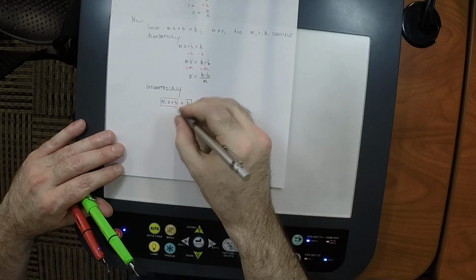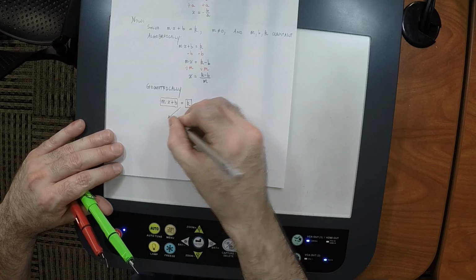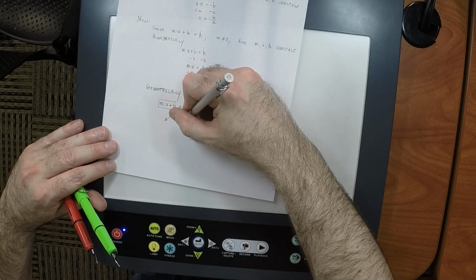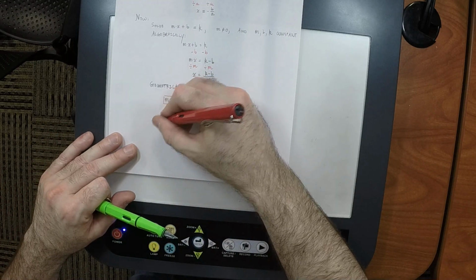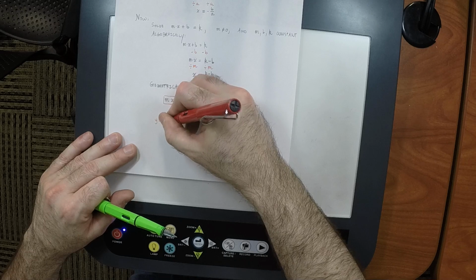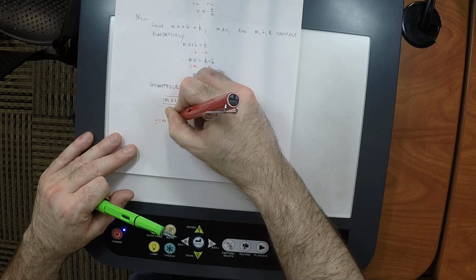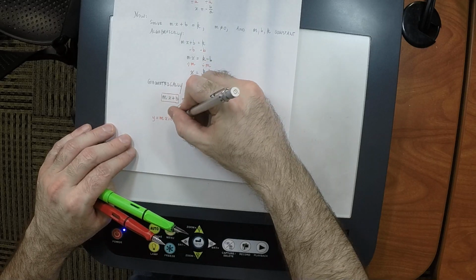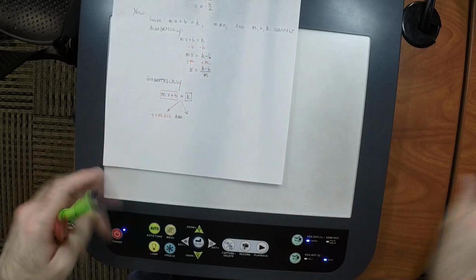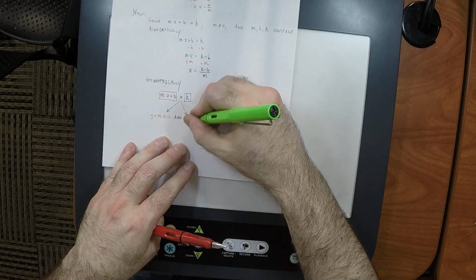So we're going to split this into two equations. On the one hand we have y is mx plus b, and y is k.